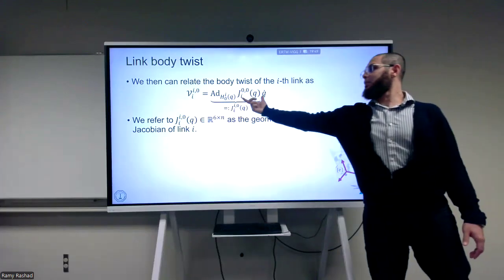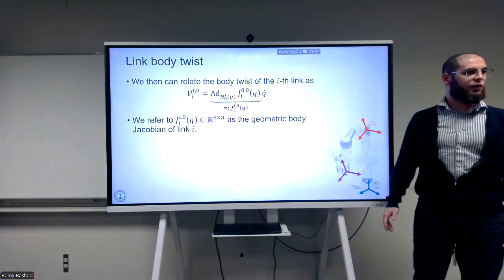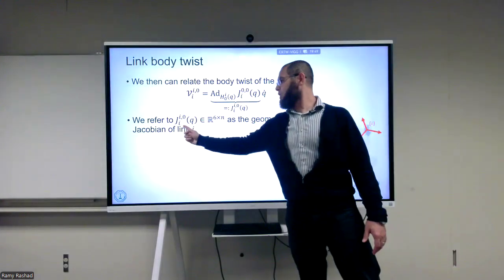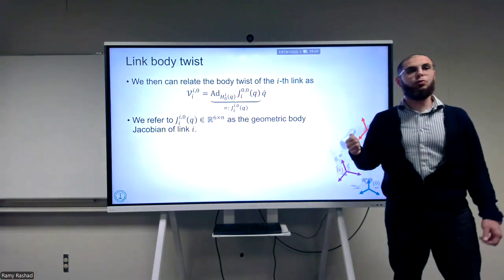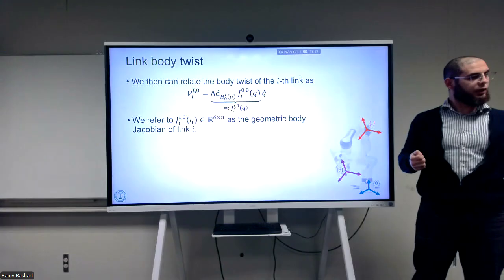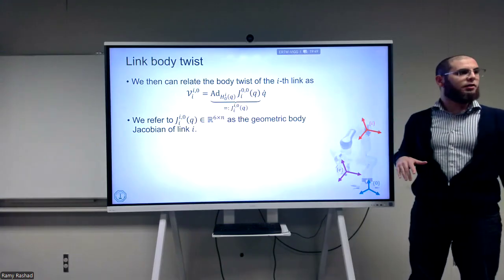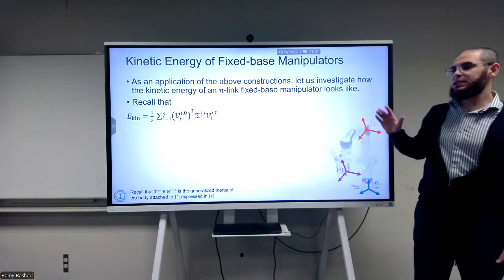You can just pre-program it, store it, and use it whenever you want. We're going to denote it by J i 0 I, and call it the geometric body Jacobian of link I. Anything new? Just a simple extension of what we discussed so far. Make sense? Easy?